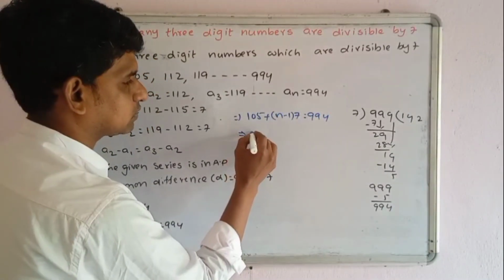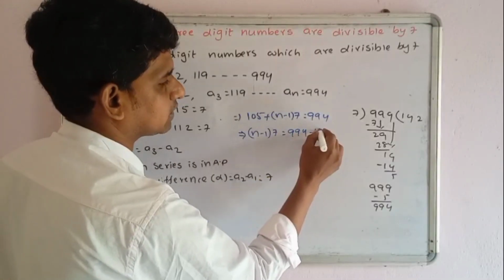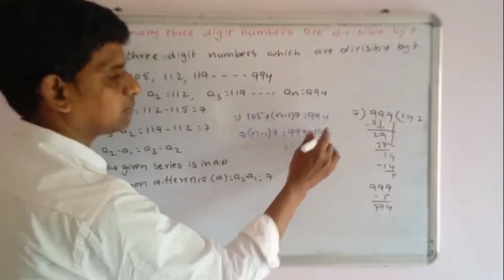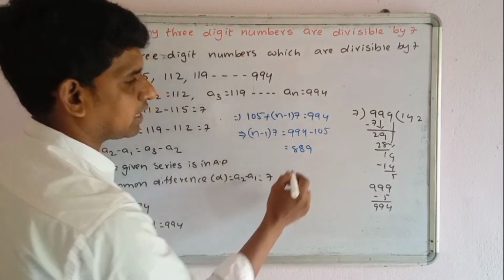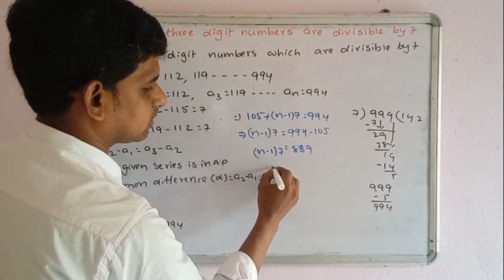So n minus 1 into 7 equals 994 minus 105, that is 889.